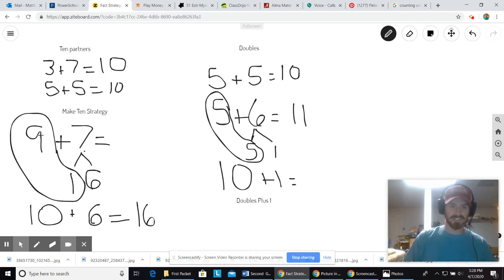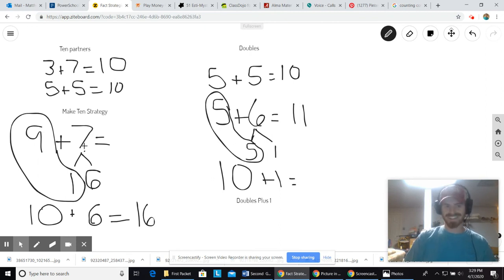Since numbers have relationships with each other, I know 9 and 10 are really close, because 9 is only one less and 10 is only one more. So I would rather make that a 10 since it's closer than the 7, even though the 7's still pretty close. So if I know my 10 partners, I know that that 9 needs one more to make a 10.